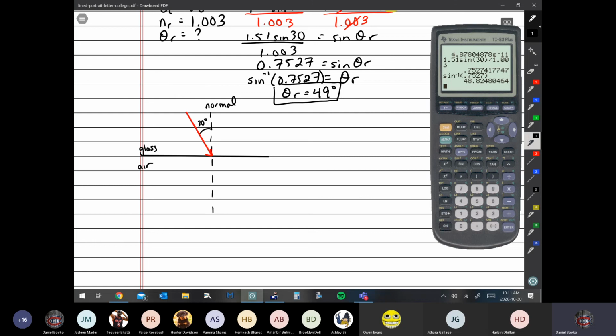My refracted ray is 49, which means my refracted ray is actually going to go away from the normal. And of course, you can use a protractor to make this very accurate. And this is 49 degrees. So because my refracted ray is moving away from my normal, we know that the light is speeding up.